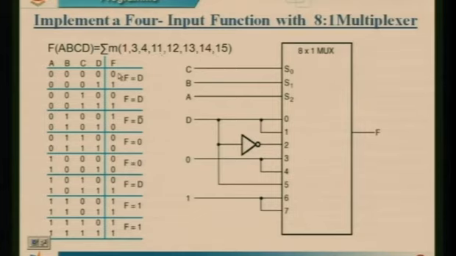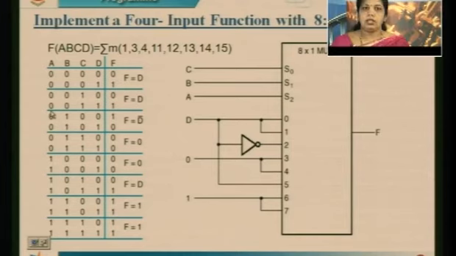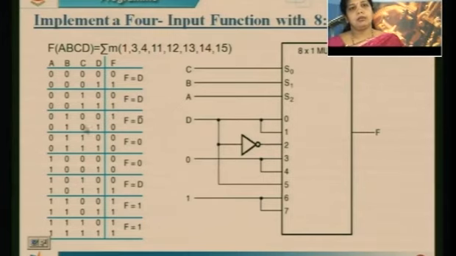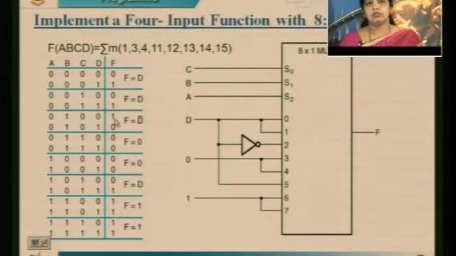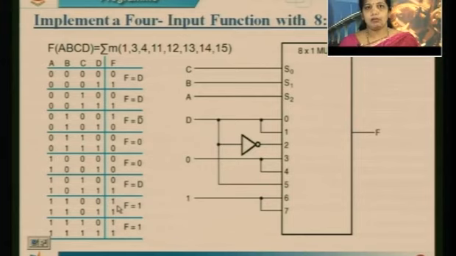So now we write here based on this. Wherever there is 1, that is 0 0 0 1, it represents 1, so I will write 1 over here. Next is 3, which comes over here, 0 0 1 1, so it will be 1. Coming here, 4, 0 1 0 0 represents 4. Likewise for 11, I have written here, and this is 12, 13, 14, 15.